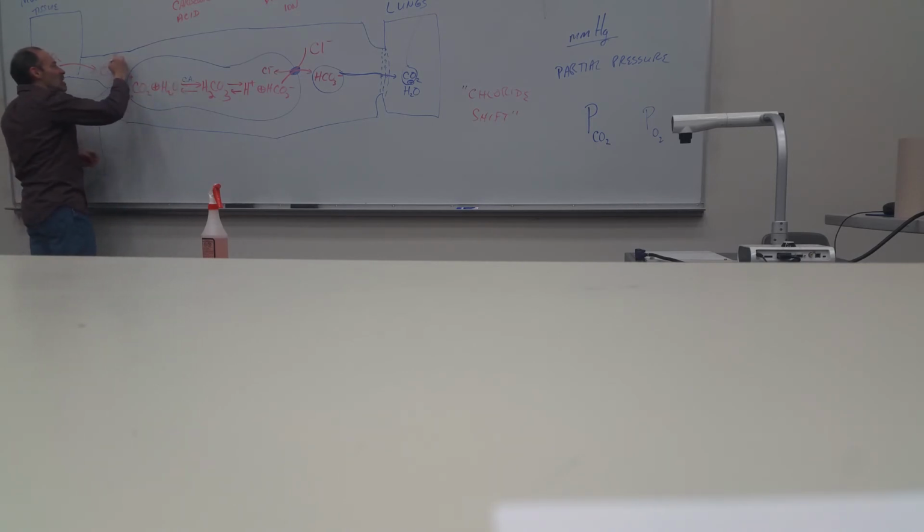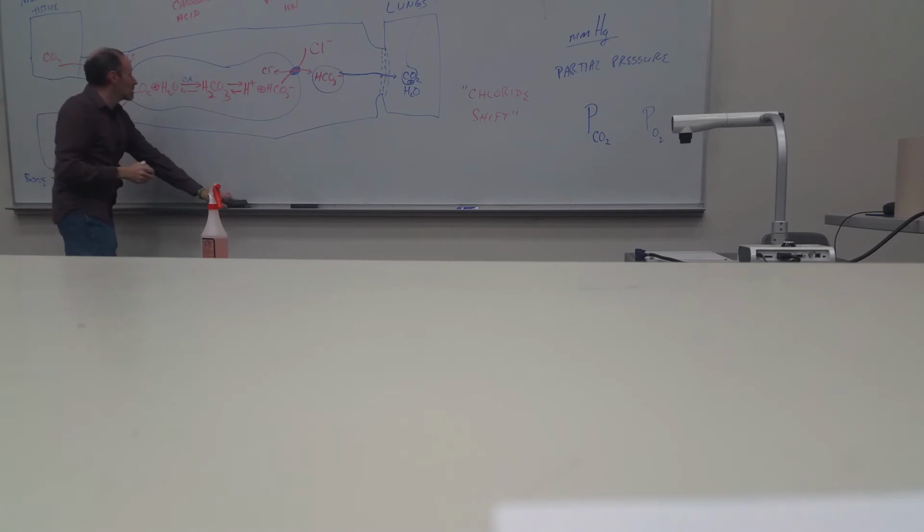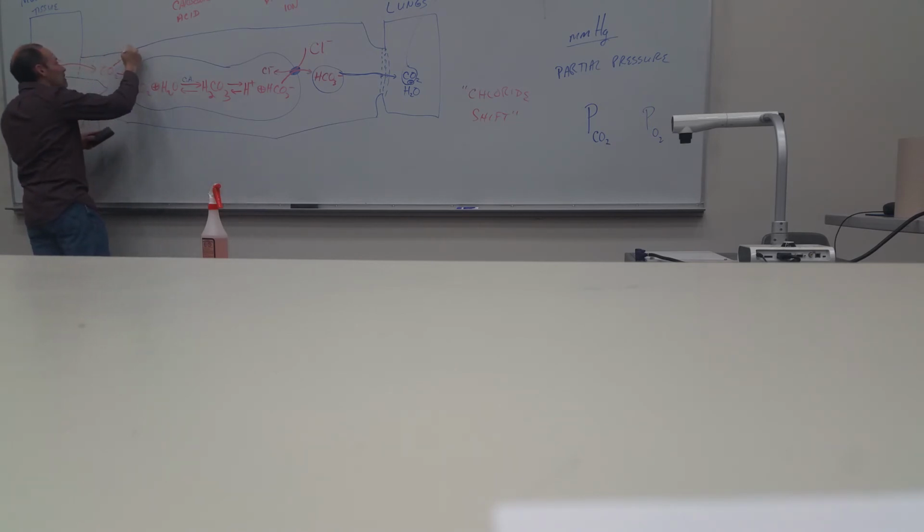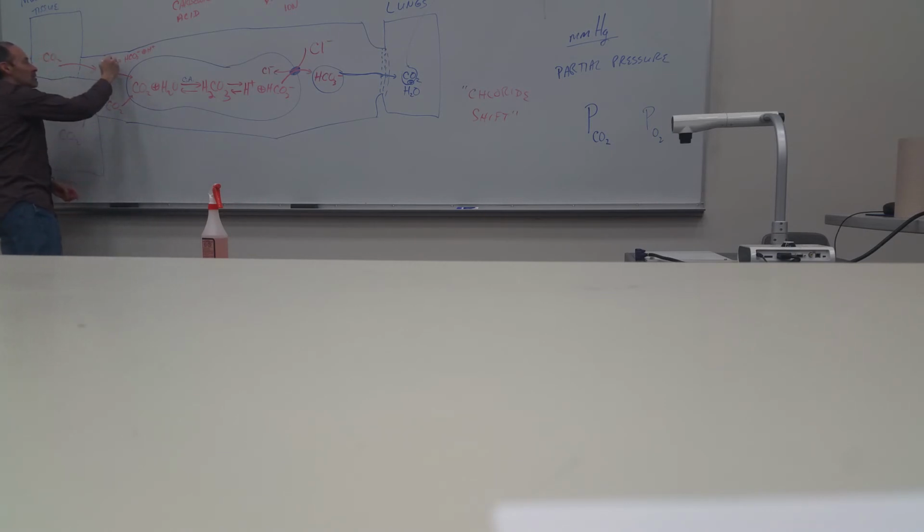The remaining 7 or so percent of the CO2 that gets dumped into the blood just stays dissolved in the plasma, and even without the carbonic anhydrase, some of it will react and give you, we'll give you that, this is 2 reactions here. In other words, this will happen without carbonic anhydrase, just not very fast.